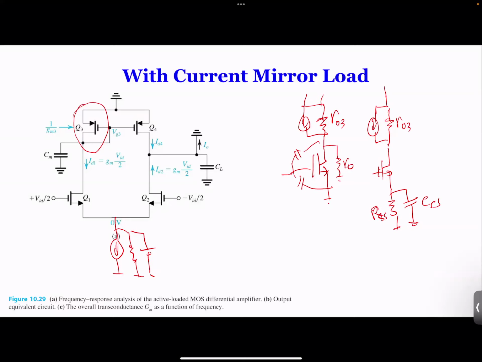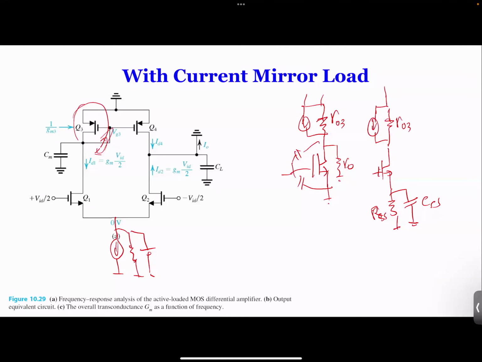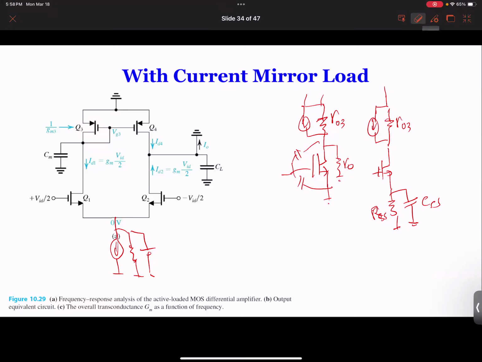Now, for this top resistance, for the top one, let me draw on this diagram here. For the top one, you're going to see also resistance, capacitance, like from gate to source, from here to here.